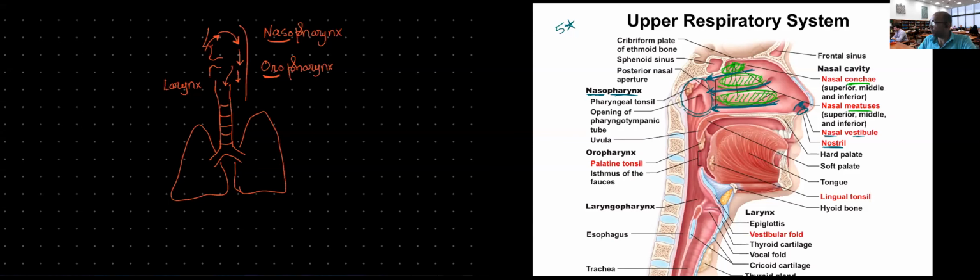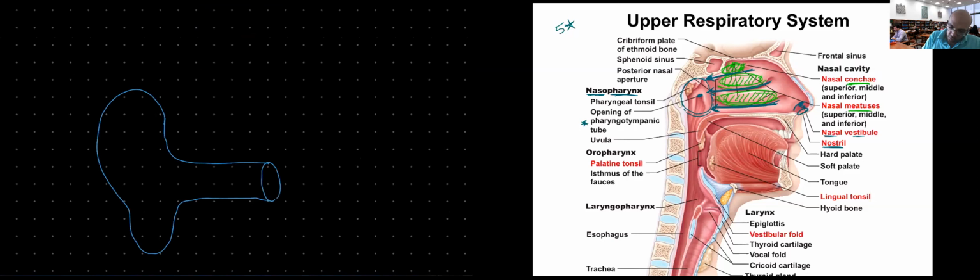And inside the nasopharynx, you can see on the side here, this is the opening of the eustachian tube or the pharyngeotympanic tube. If you remember, when we studied the ears, we mentioned that the ear is formed of three main parts. We have the external ear, which consists of the ear pinna and the external auditory meatus.